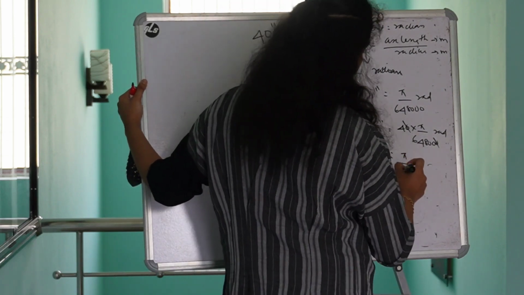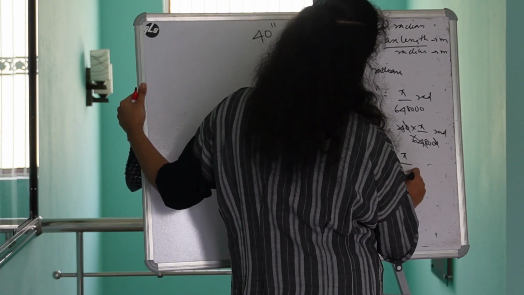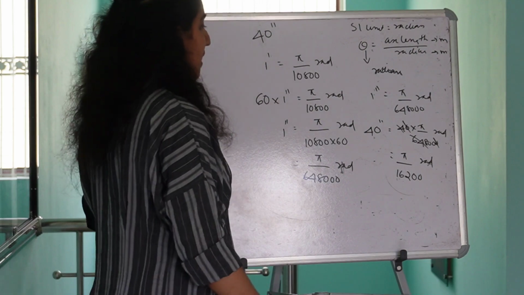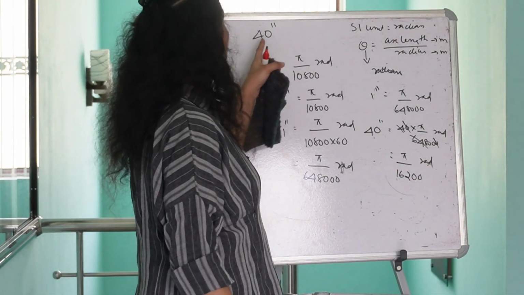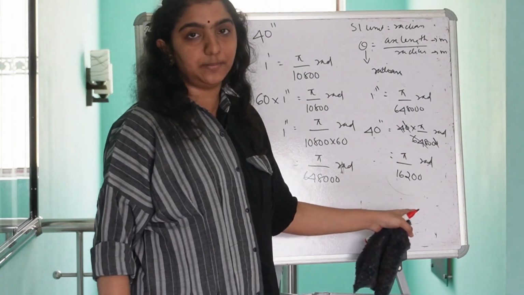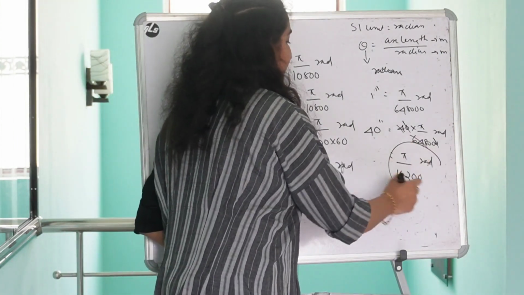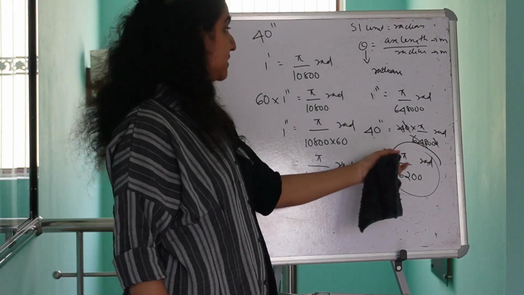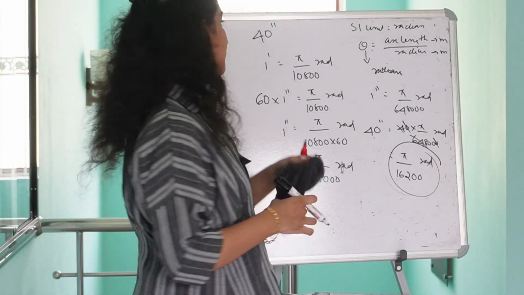Again, I think we can cancel 4 and 648, isn't it? So 40 seconds is equal to pi divided by 16200 radian. Now you can substitute this value for theta. Is it clear, guys?